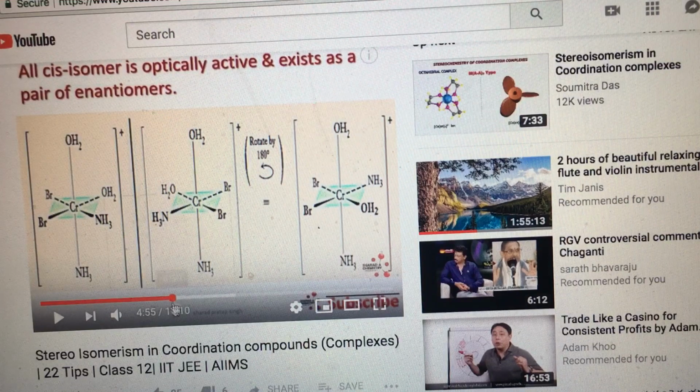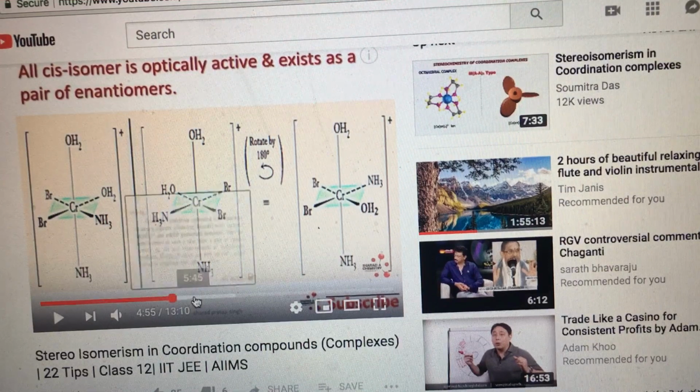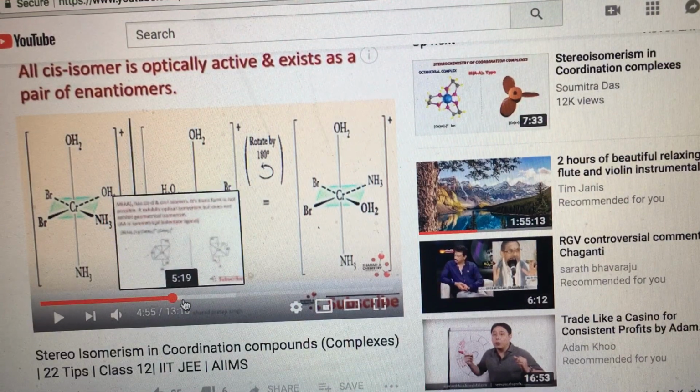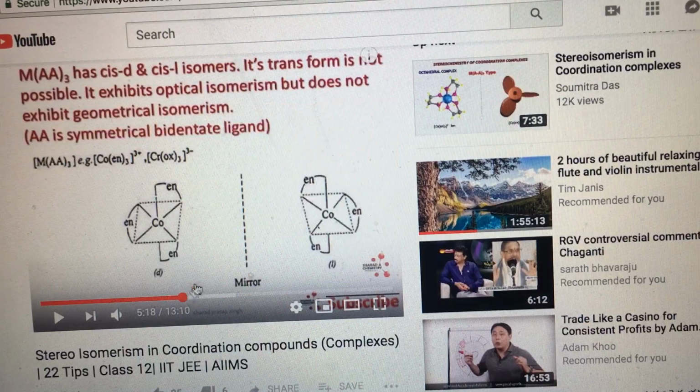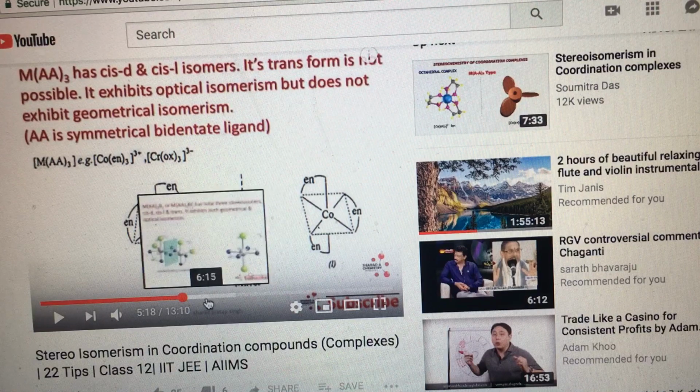That's another milestone I want you to notice. MAA taken 3 times complexes are optically active.